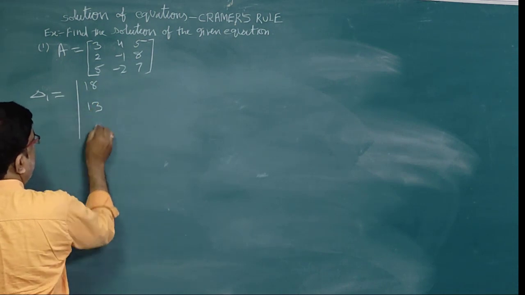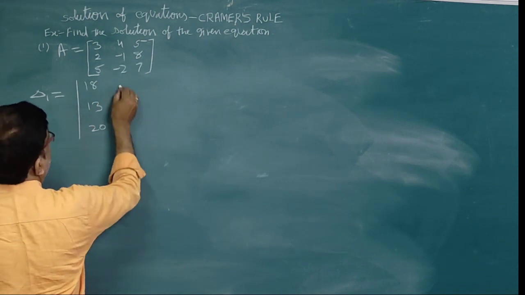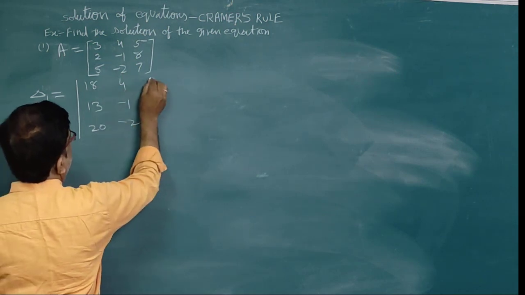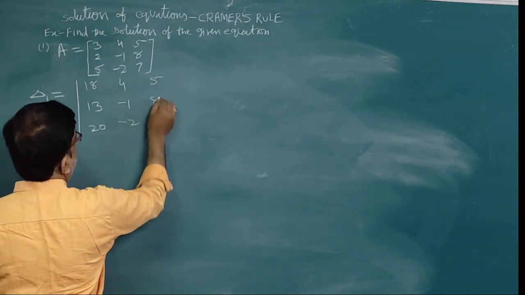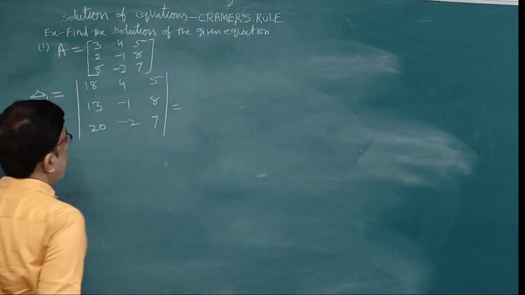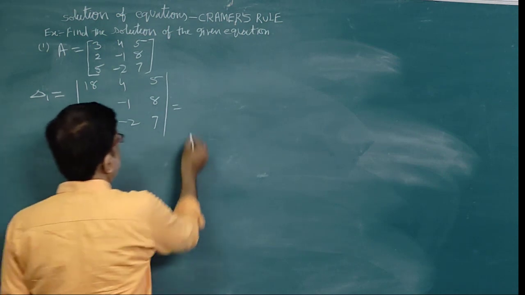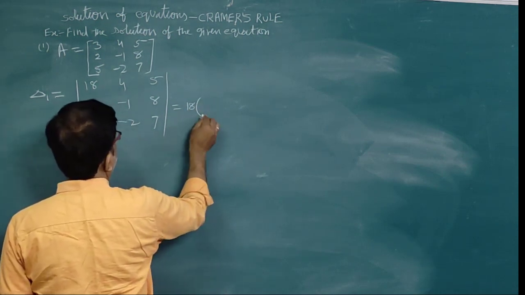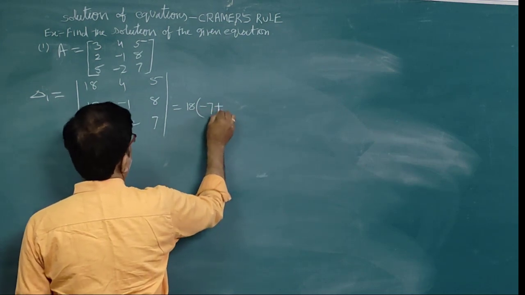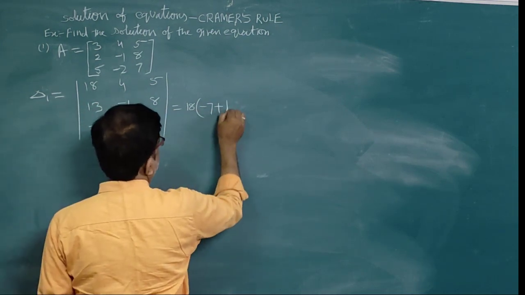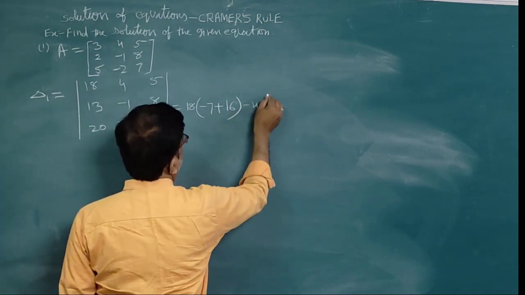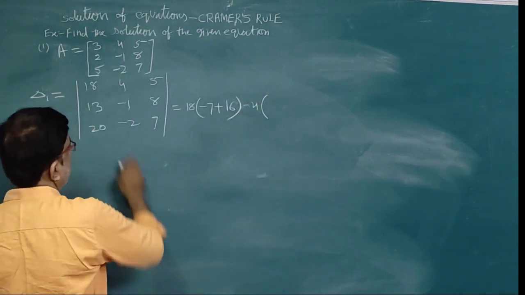18, 13, 20. So 4, minus 1, minus 2. 5, 8, 7. So the determinant will be equal to 18 into (1 into 7 minus 8 into 2 is 16), right?